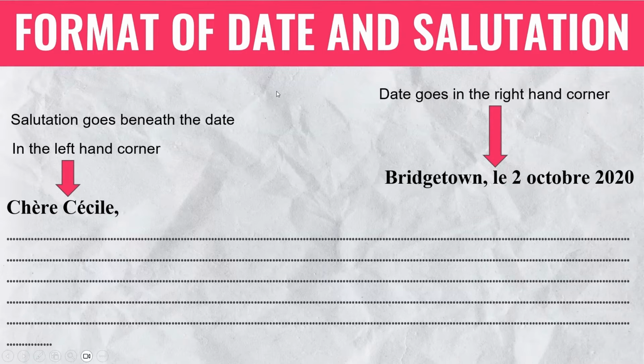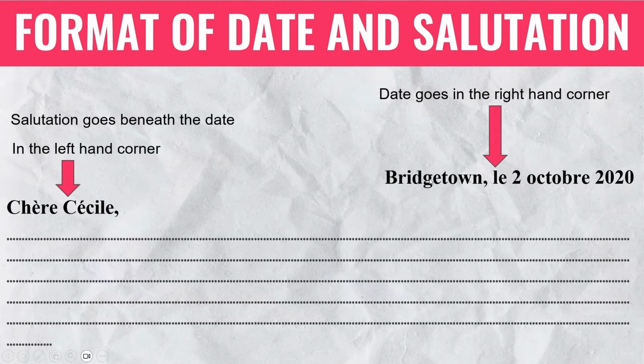And as you can see on the left, it says salutation goes beneath the date in the left-hand corner. So if you look carefully, you would note that the salutation is not on the same line as the date, and instead of the right-hand corner, it's on the left.